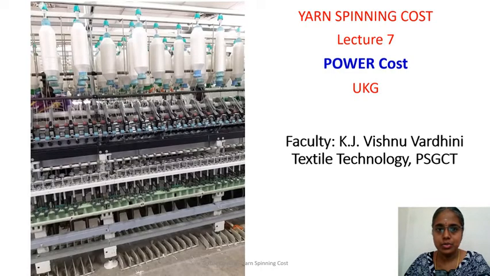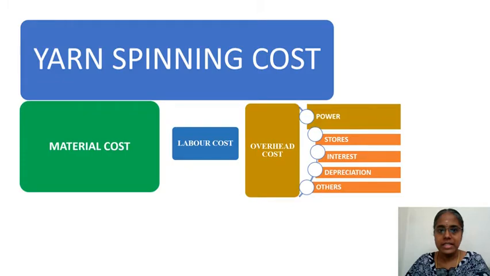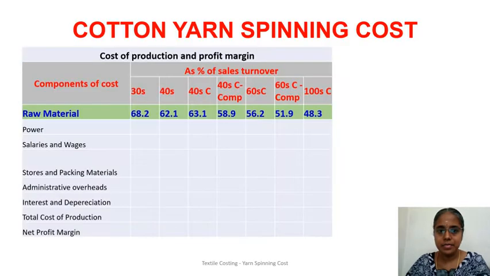Let us look into the components of the various costs related to yarn spinning. The major cost is the material cost. The other costs are labor cost, power cost, stores, interest, depreciation, and others. Let us look into the recent CITRA data.